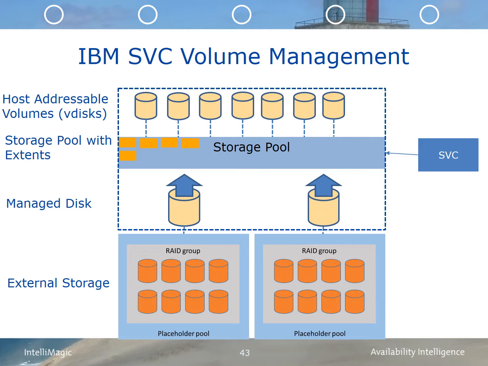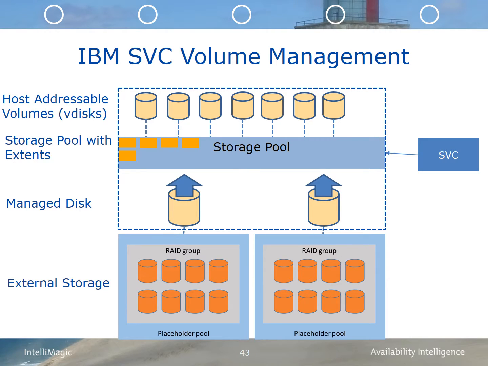So the IBM SVC Volume Management schema is very similar to the DS8000. The main difference is that you have externally managed storage on the SVC. So the RAID groups on the external storage systems are created, and then volumes are created on the RAID groups. Usually it's a 1-to-1 relationship between a volume and a RAID group.